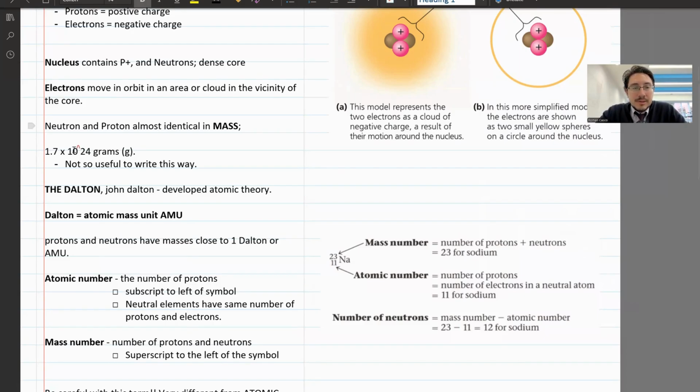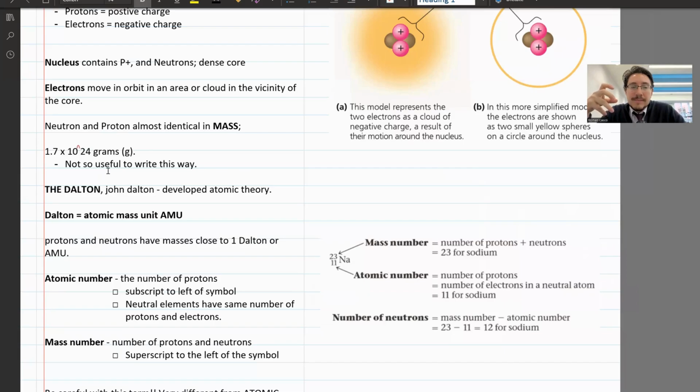In particular, you would measure neutrons and protons, and they're almost identical in mass, essentially 1.7 times 10 to the minus 24 grams. And it's not so useful to write it in this way when you want to calculate things.